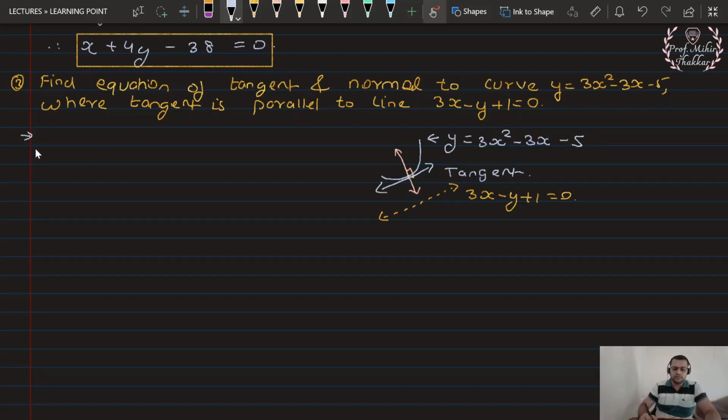So in that case we start with writing our required point P(x1, y1) like we did in the previous case.